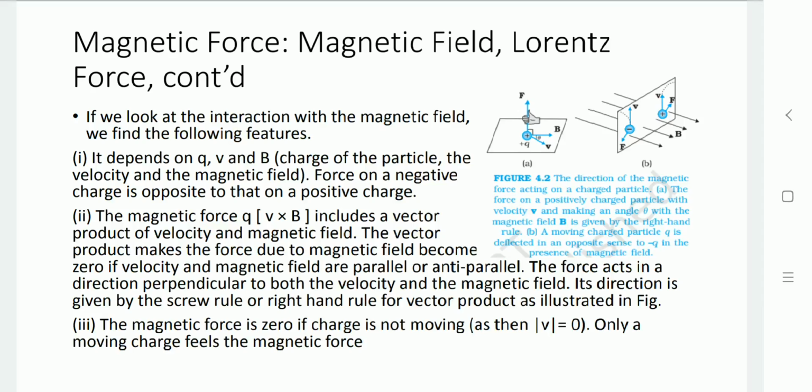The second feature is that the magnetic force, Q v cross B, includes a vector product of velocity and magnetic field. The vector product makes the force due to the magnetic field become 0 if velocity and magnetic field are parallel or antiparallel.